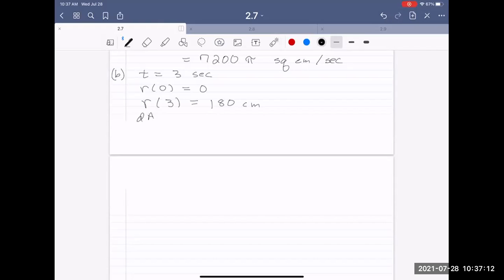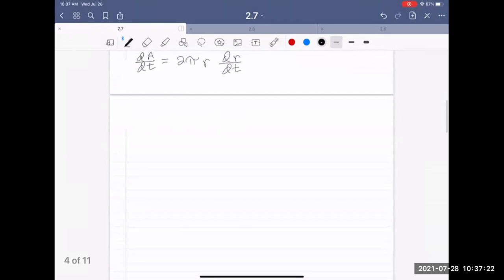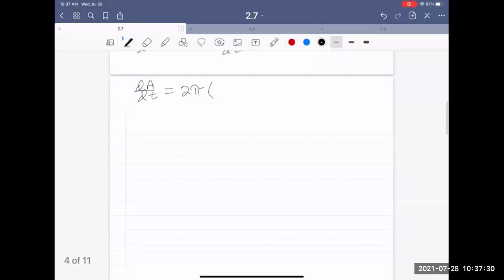Therefore, dA dt, which is 2 pi r dr dt, should equal 2 pi times 180 times 60.